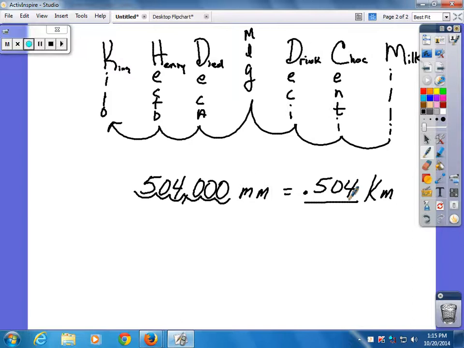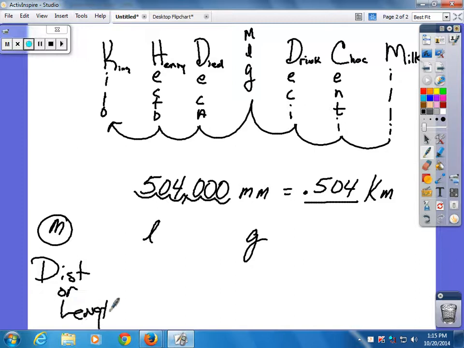Question on that? I'm not going to spend a lot of time on this. I will tell you this. Make sure you know what meters, liters, and grams are. What is meters? Distance or length. What's this? Volume or what?